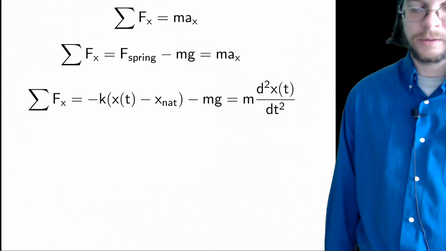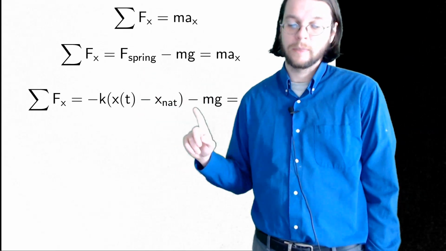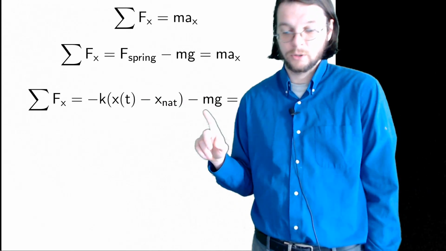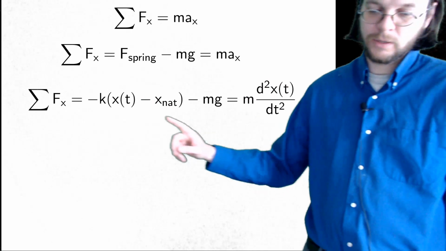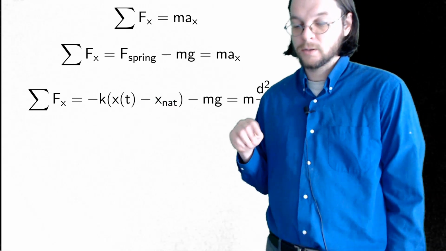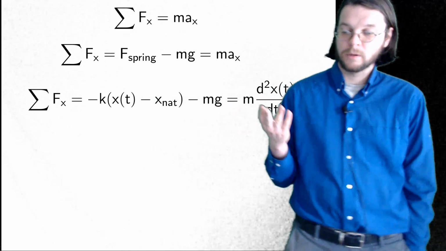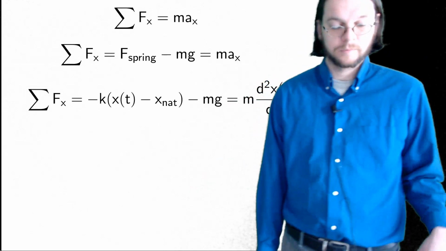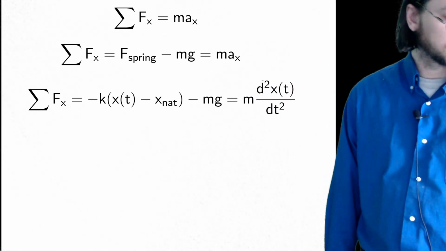So we have the restoring force of the spring, but then we have the weight pulling down with the constant, which is just mg. And so now we have something that's very similar to what we had before, except for this minus mg. And so we can solve this equation again, try to solve for a, b, and c, and just see what happens. We might get something different, it might be similar, we'll find out, right?